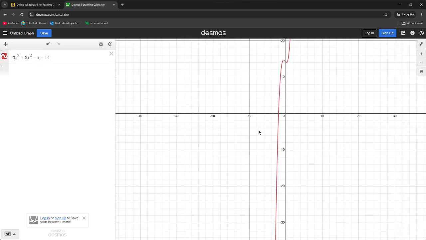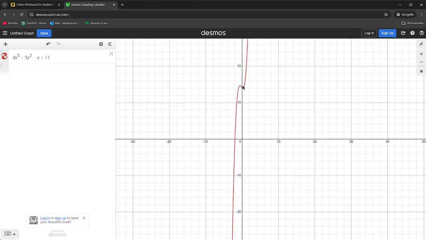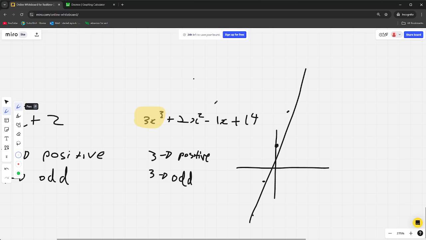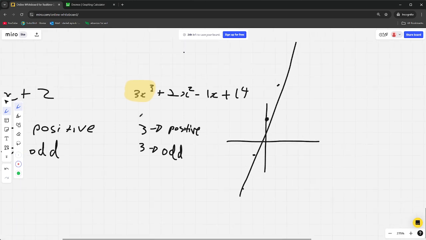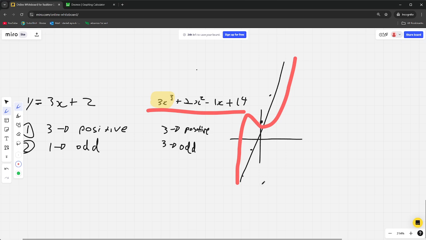When we go to our x values, we can see it starts from the bottom left and ends in the top right. They have the same end behaviors. This function looks something like this. That's what we're looking for here, the end behaviors.